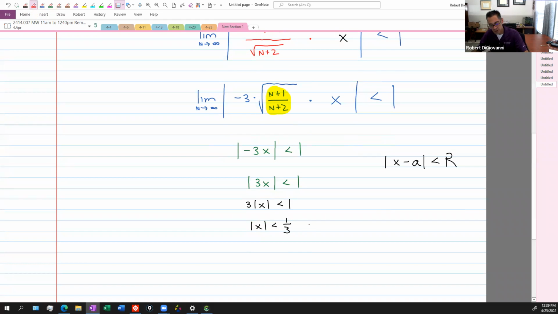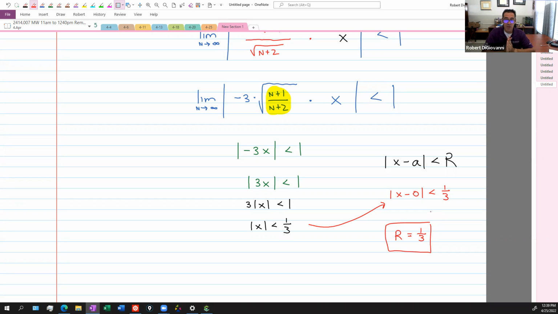And now this does look like that, because it looks like absolute value of x minus 0 less than 1/3. So my radius of convergence is 1/3. I've answered my first question.